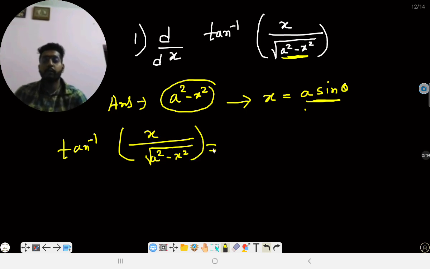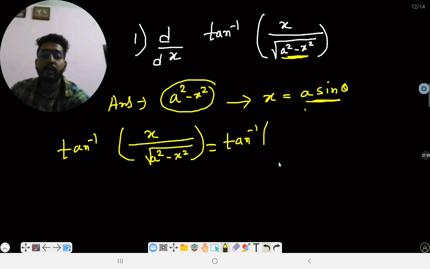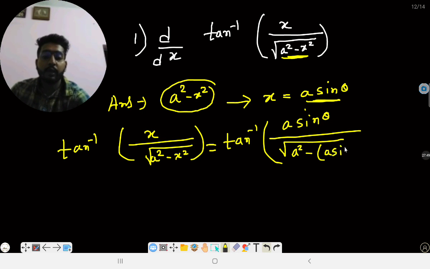Now we have to substitute the value here. That will become tan inverse of a sine theta divided by root over a square minus a sine theta whole square. So again it will look like tan inverse a sine theta.